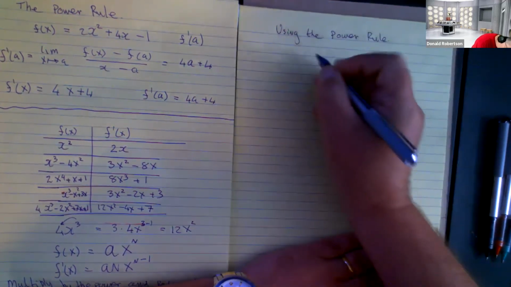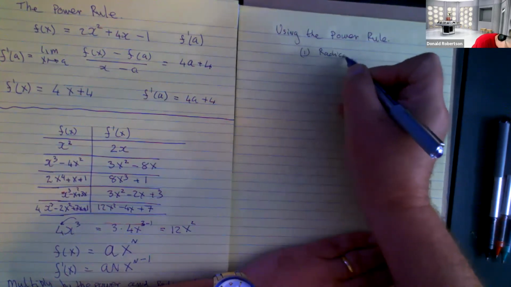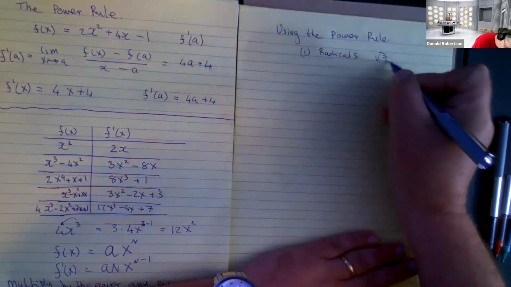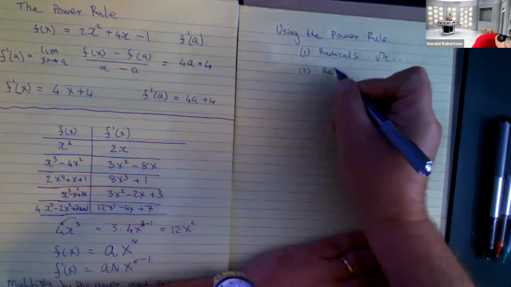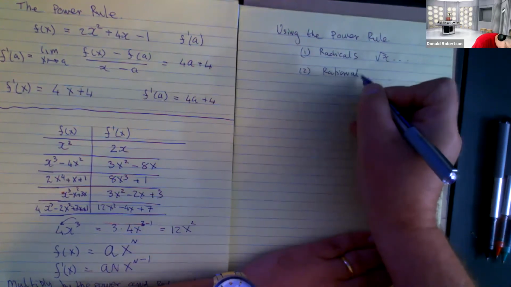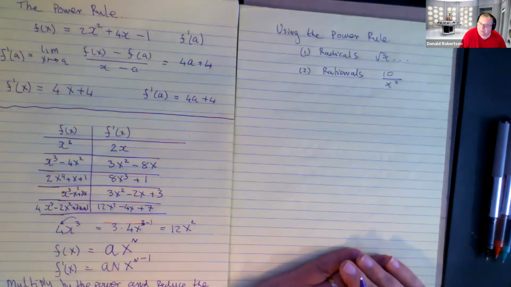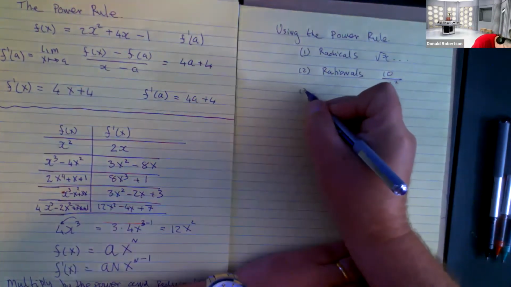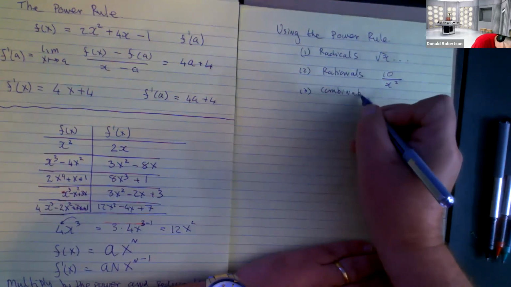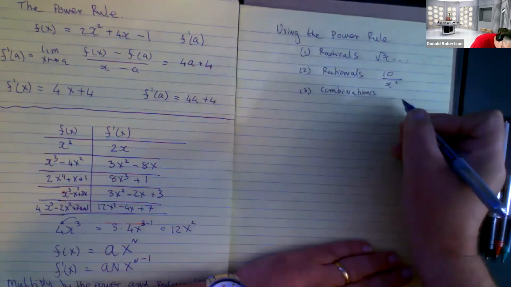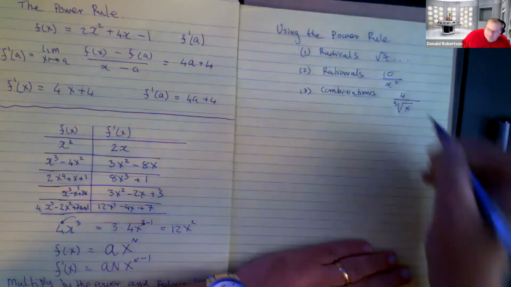But we're going to use it with radicals, things like square root of x, and rationals, like 10 over x squared, and combinations of the two, like that.